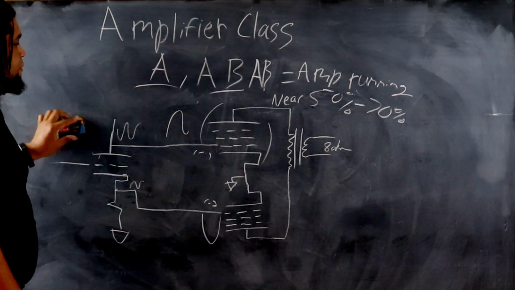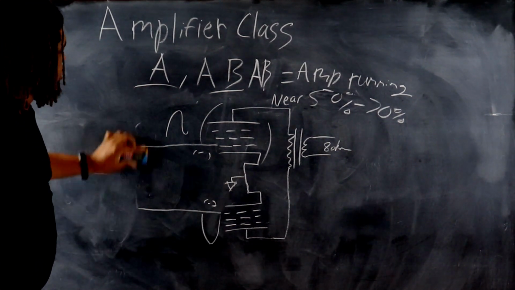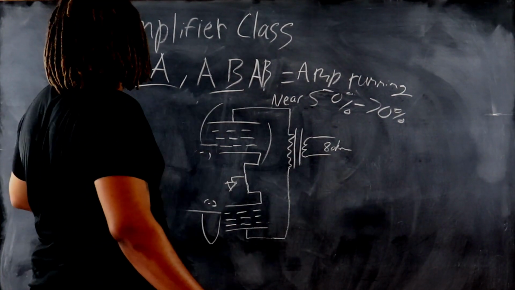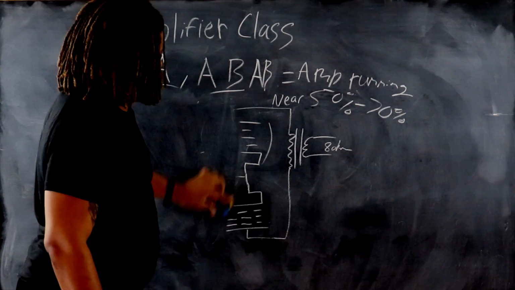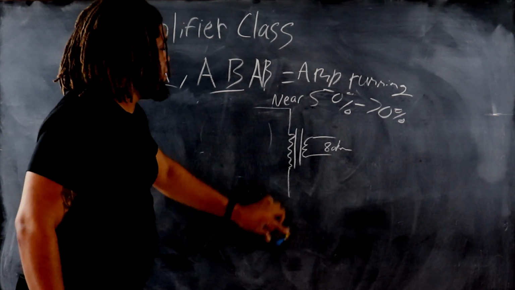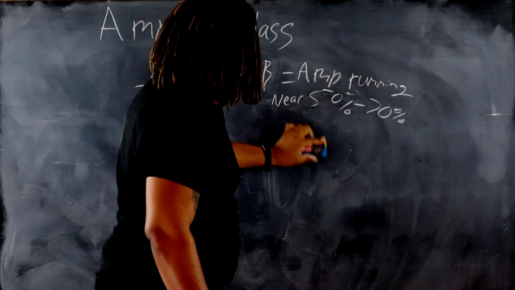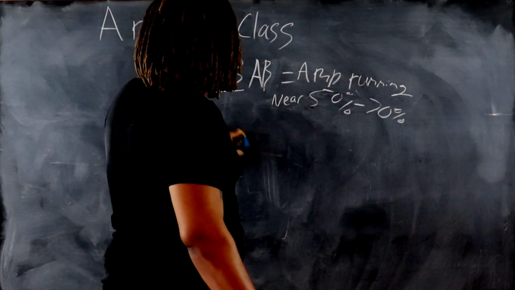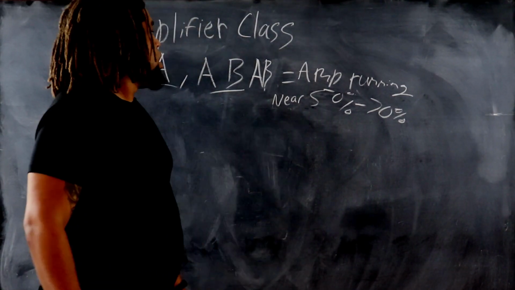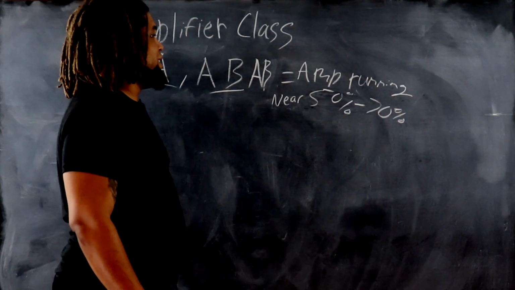That's been the way of the world when it comes to amplification. Let's say for the past, I don't know, it could be 50 years now. But now we have this thing coming, getting more popular, called Class D.